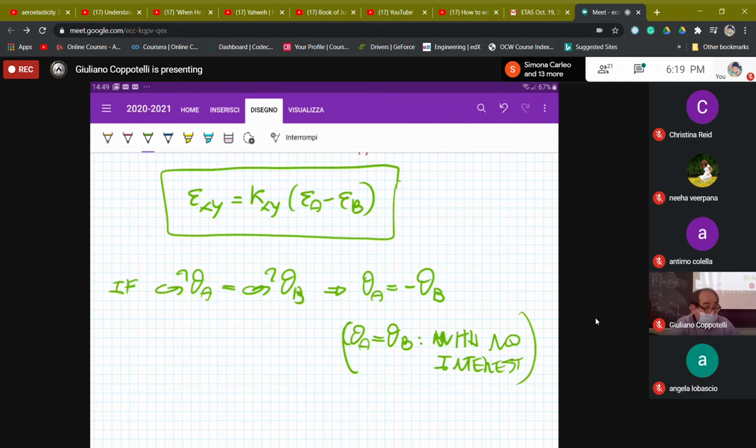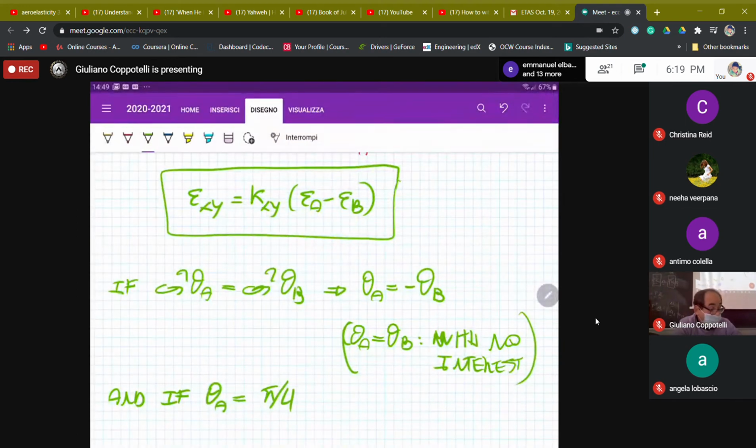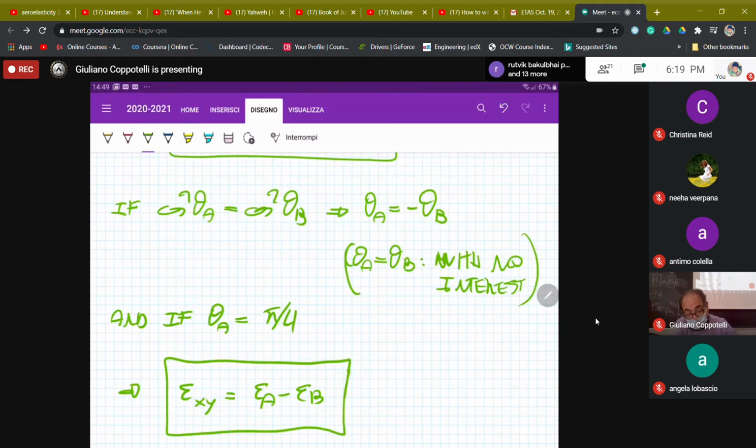So if we have theta A equal to negative theta B, and theta A is equal to pi/4, what we get is that the shear strain is just epsilon A negative epsilon B. It is much more interesting.